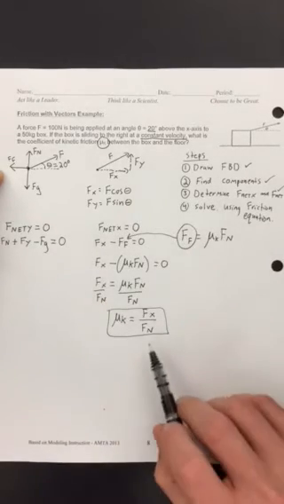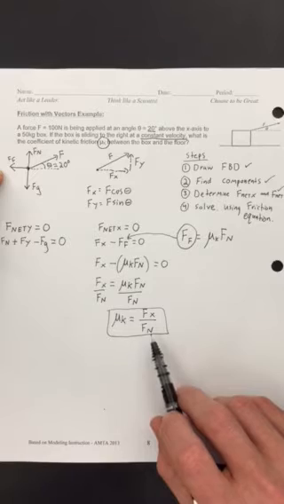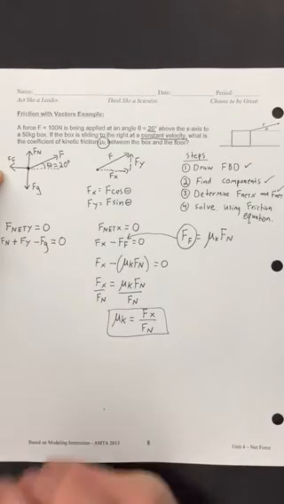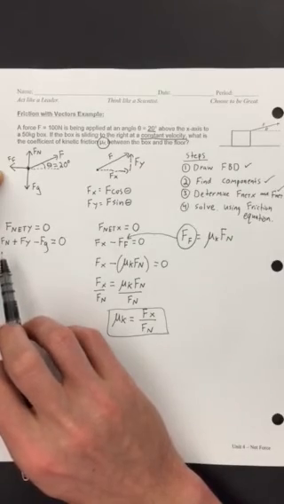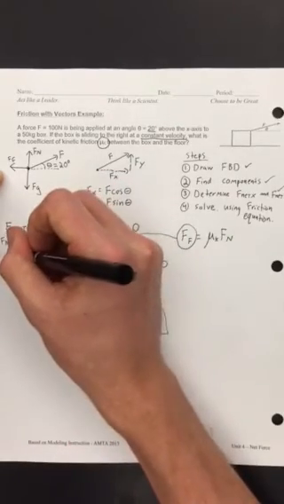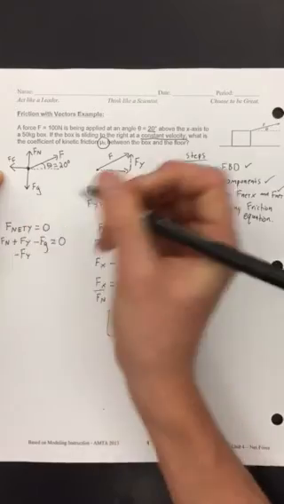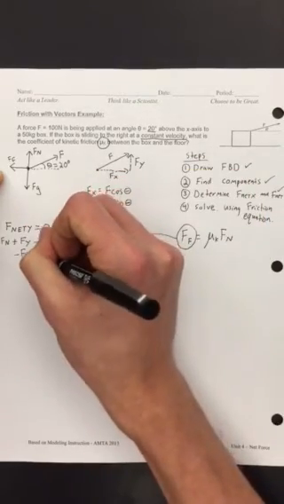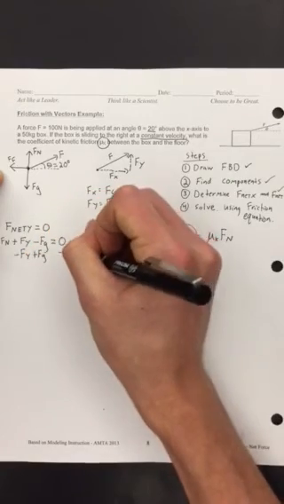Now I need to figure out what this normal force is. To figure that out, I'm going to look over here in our y direction. We need to get normal force all by itself. So we're just going to subtract the y component from both sides and add the gravity to both sides.